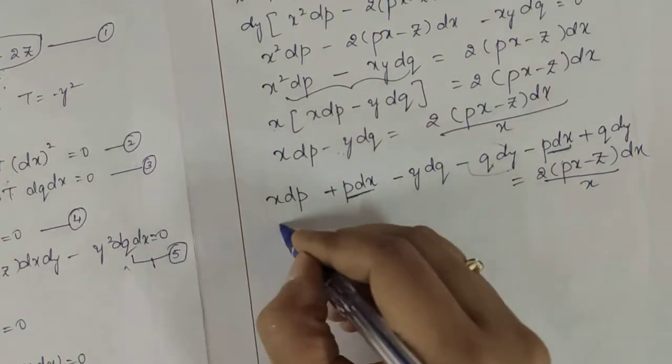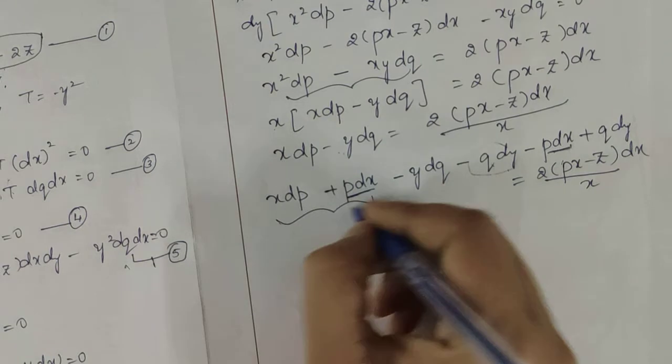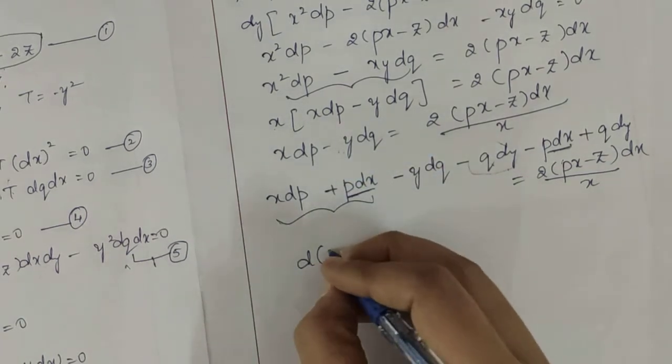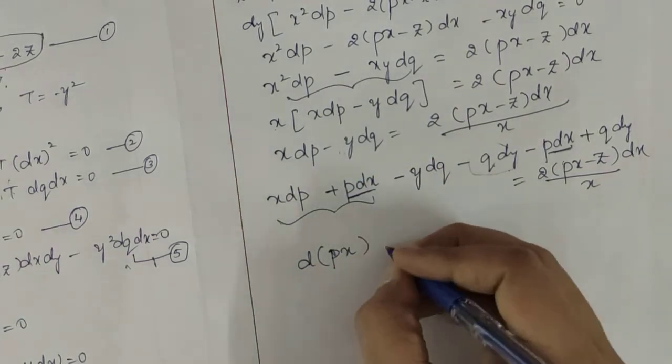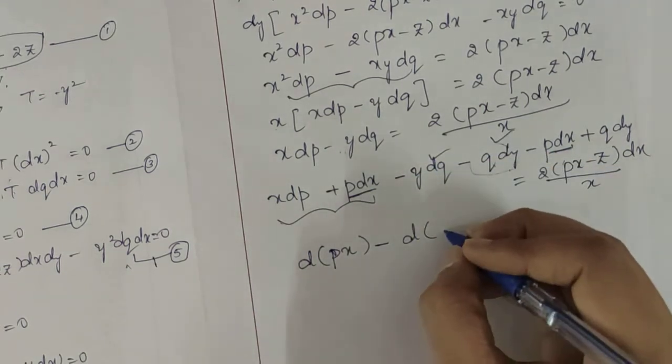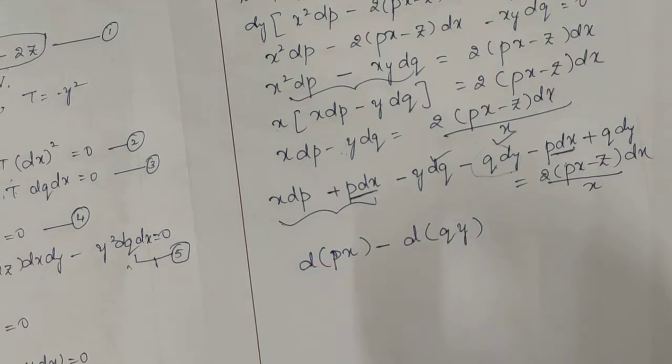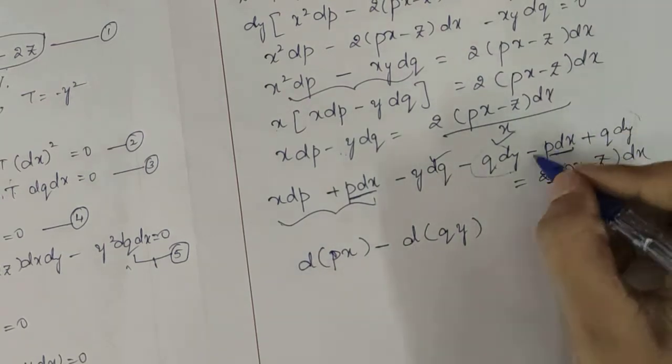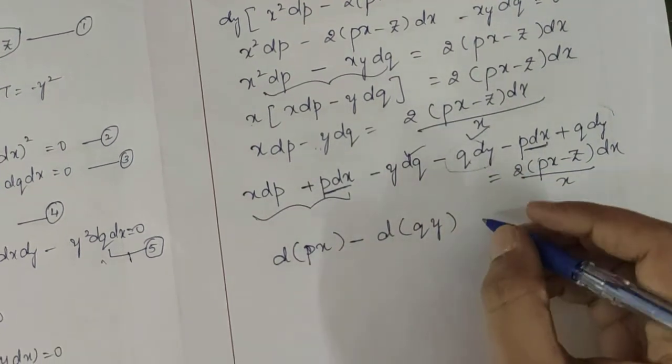So now if you observe these two, we can write these two as differentiation of p into x. Similarly for these two, differentiation of q into y. So I will rewrite these two as it is.